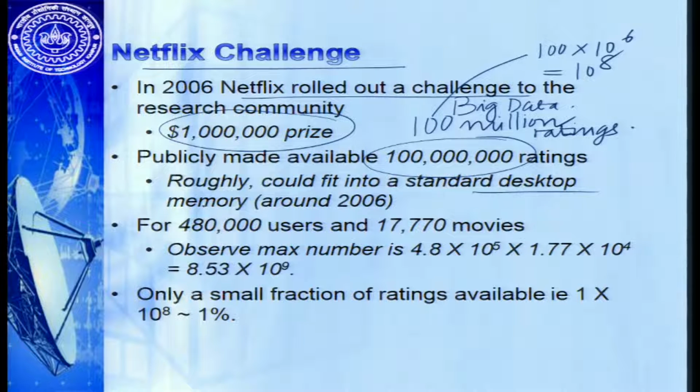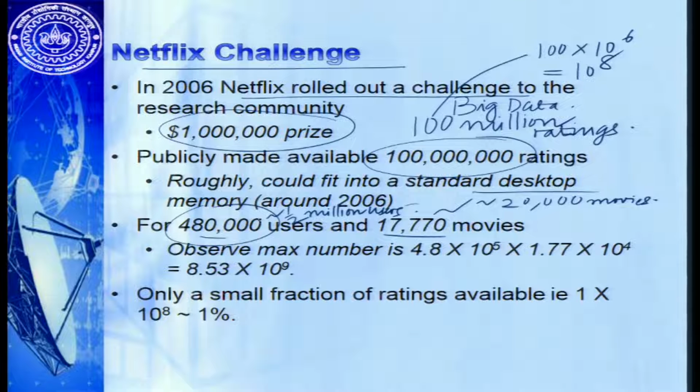Now of course at that point it had about 480,000 users, and these ratings were for roughly 500,000 users, for 17,770, that is approximately 20,000 movies.